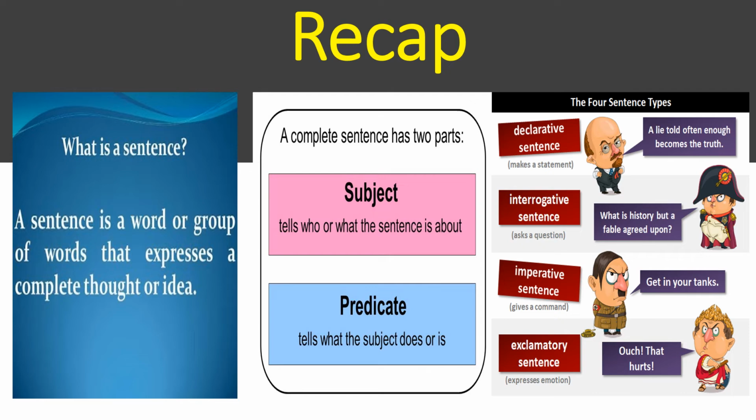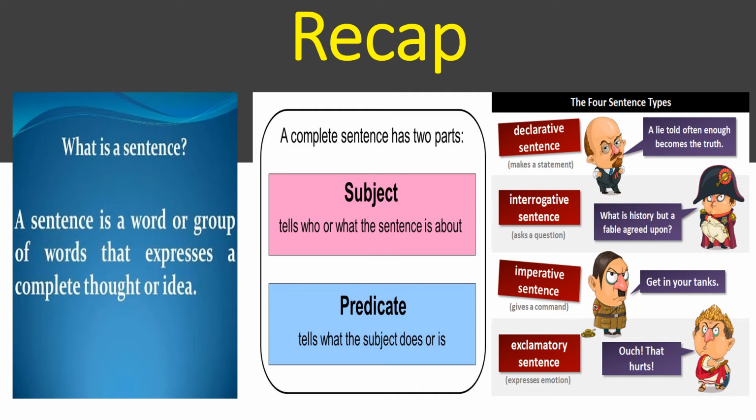All right. So let's look at an example for assertive or declarative sentence. I like coffee. So that is, you're declaring, yes, I like coffee. For interrogative sentence, do you like coffee? Yes, I do.